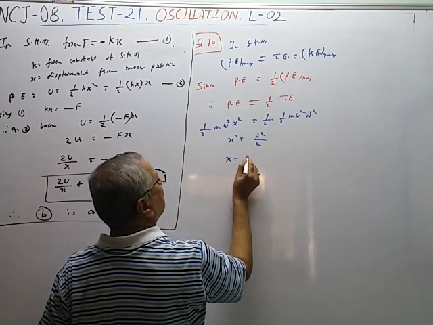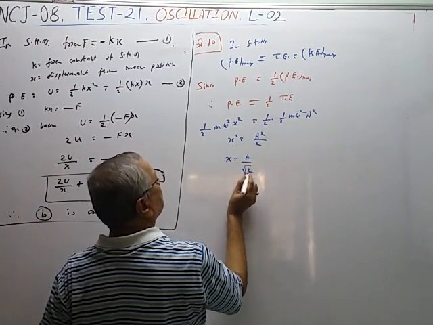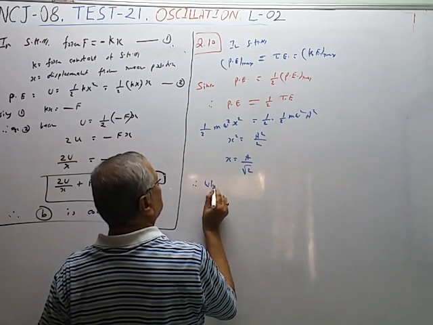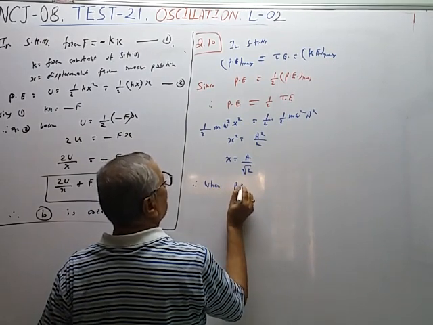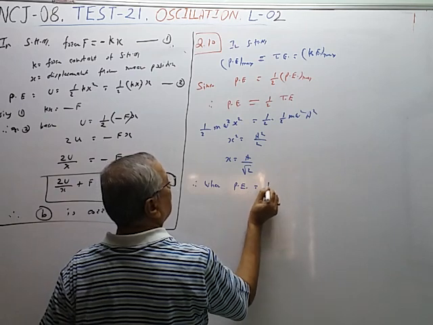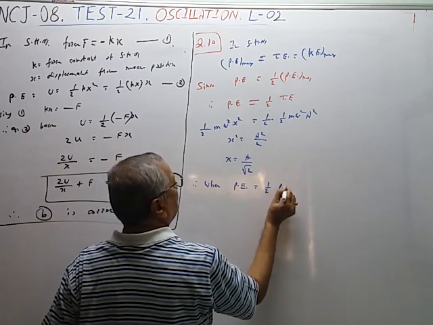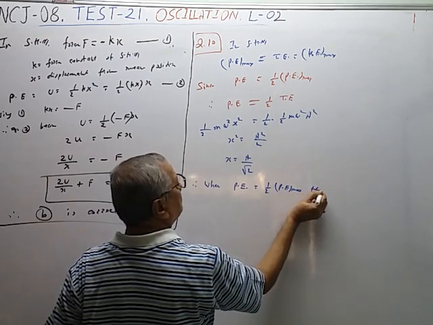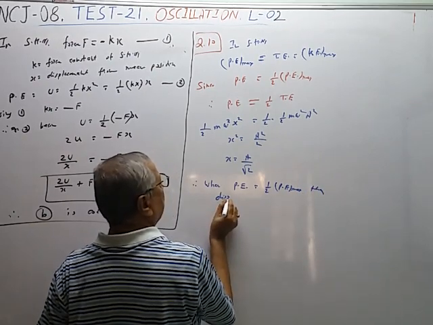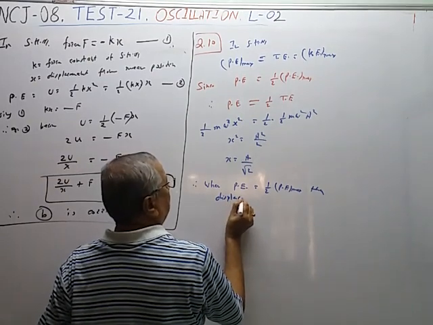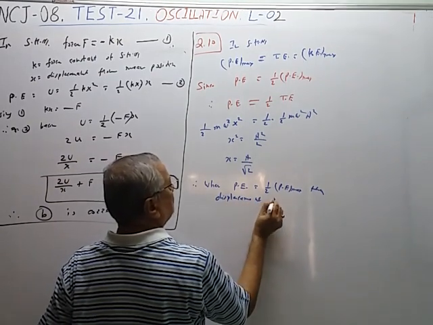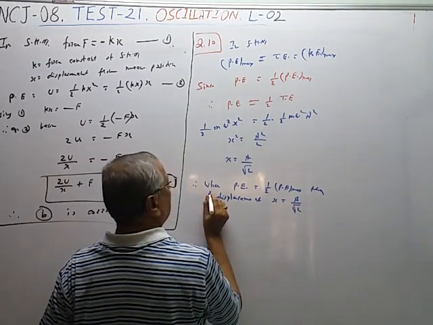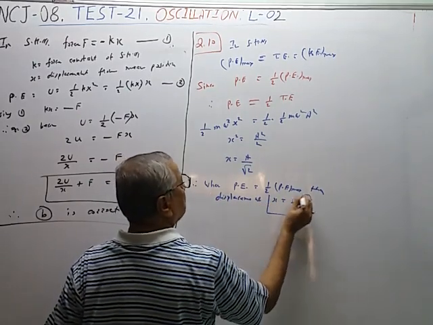Therefore, x is equal to A upon root 2. Therefore, when P is equal to half of P max, then displacement x is equal to A upon root 2.